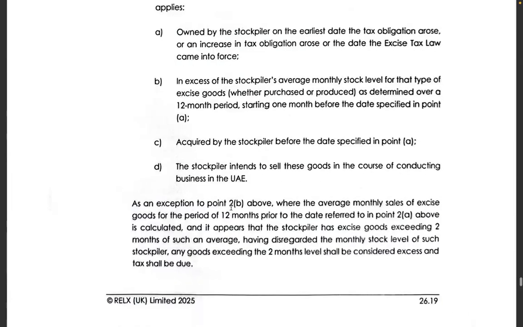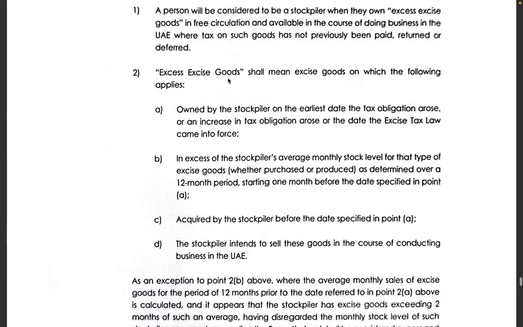As an exception to point 2B, if you look at 2 excess excise goods B, that was how we calculated the excess level.